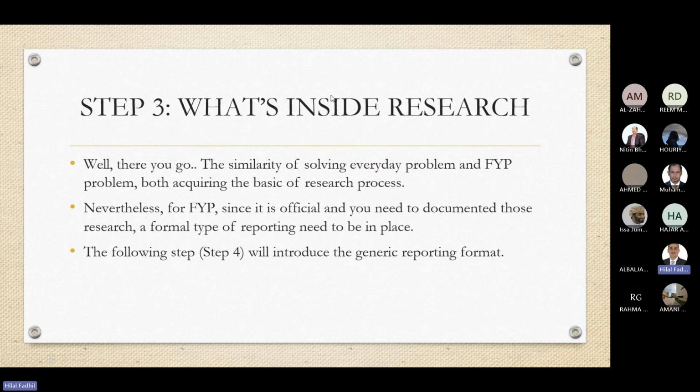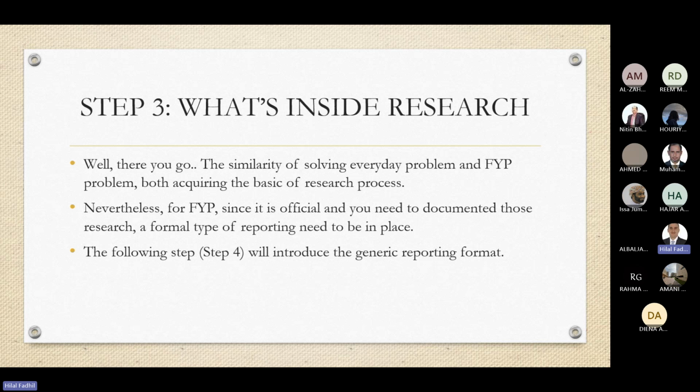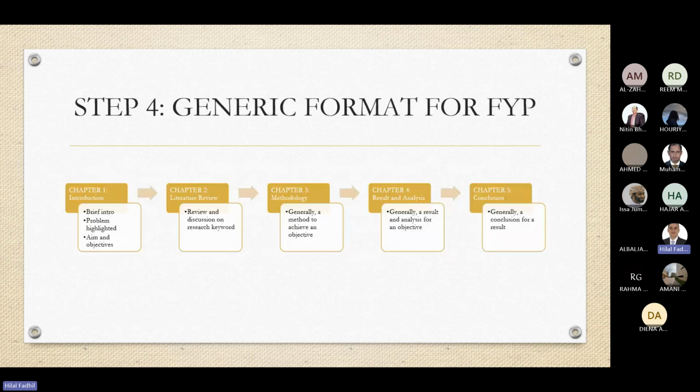So there is a similarity between solving everyday problems and the final year project, both requiring the basics of the research process. The final year project is officially where you need to document that research. A formal type of reporting needs to be in place, and this leads to the next step.